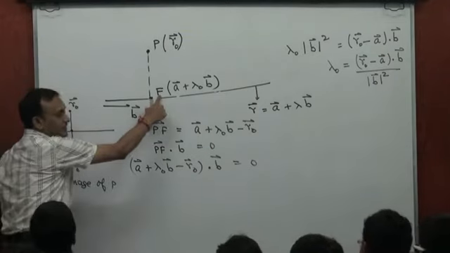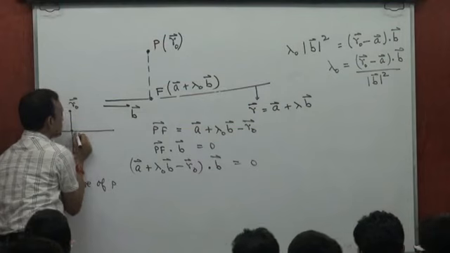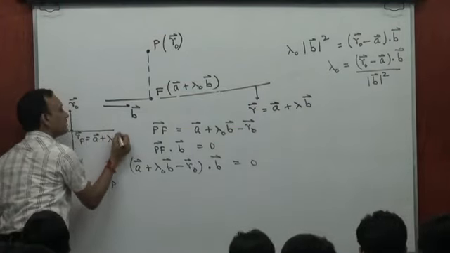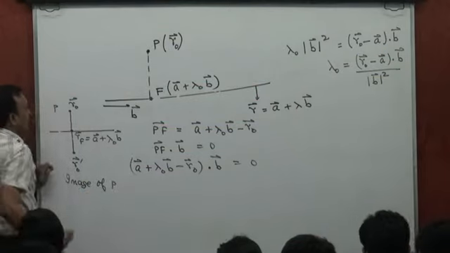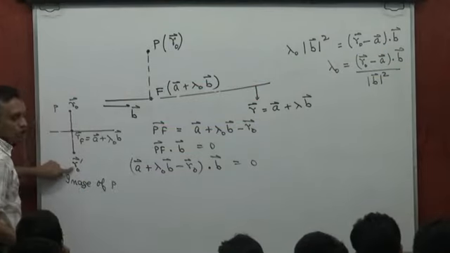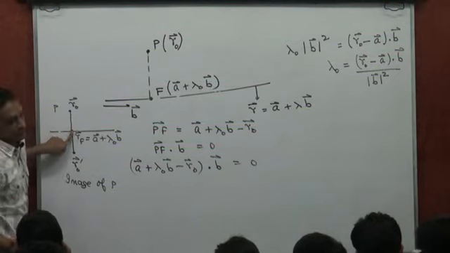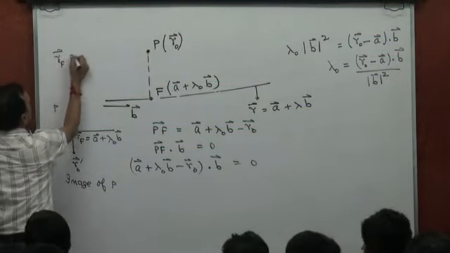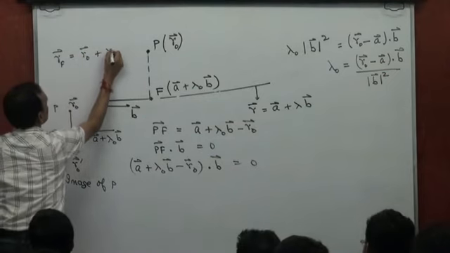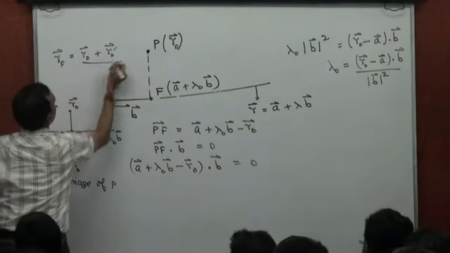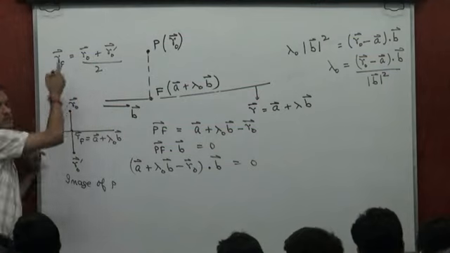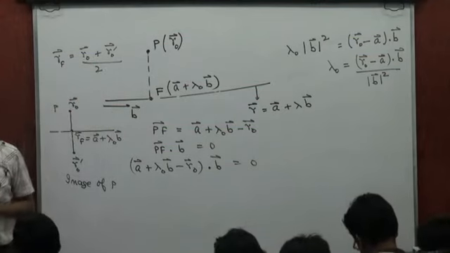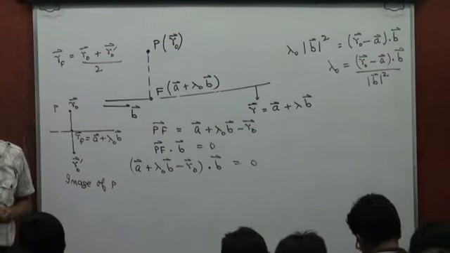And you already know the position vector of F, which is A plus lambda naught B, where we have already obtained the value of lambda naught. Evidently then, R naught plus R naught prime by 2 must be RF, right? So R naught prime can be obtained, the position vector of the image of this point P with respect to the line itself. Clear?